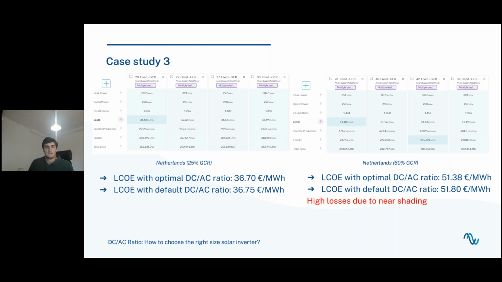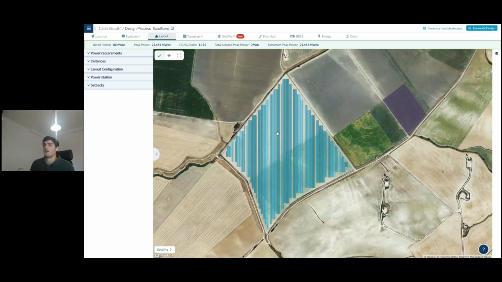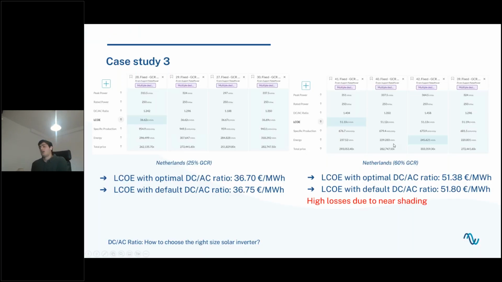If I go to this specific design, it's in the Netherlands. We will see that the losses due to near shading were around 15%, so that's why the DC-AC ratio that we would like to have in the plant will be 1.4 instead of the 1.24 that we were getting for the same specific site but with completely different design criteria.